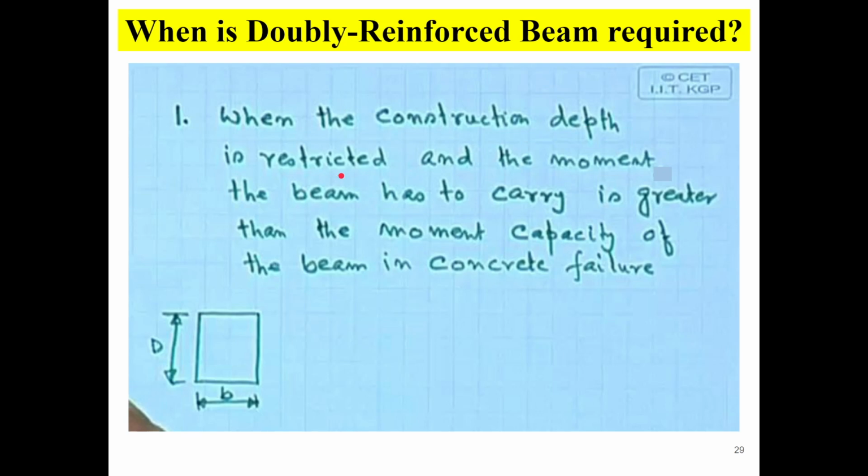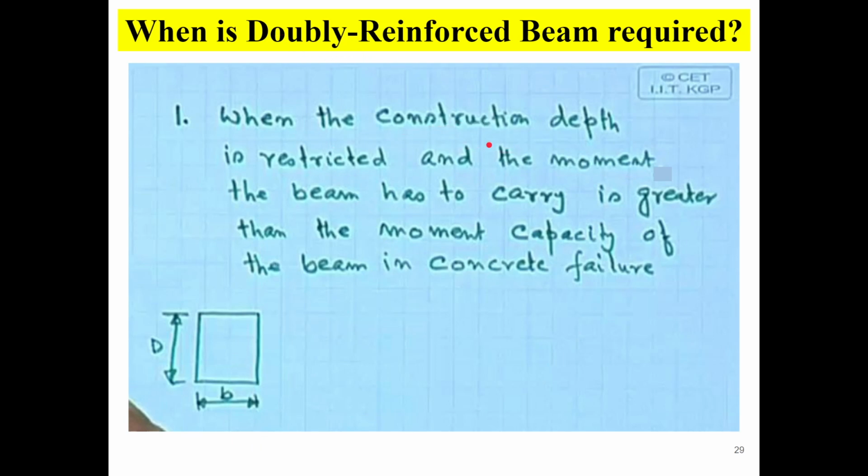It has to be restricted. In that case, the moment carrying capacity of the singly reinforced beam will be less than the moment carrying capacity required, so it will not be able to take the full desired moment. So we have to add extra, and therein comes the concept of doubly reinforced.